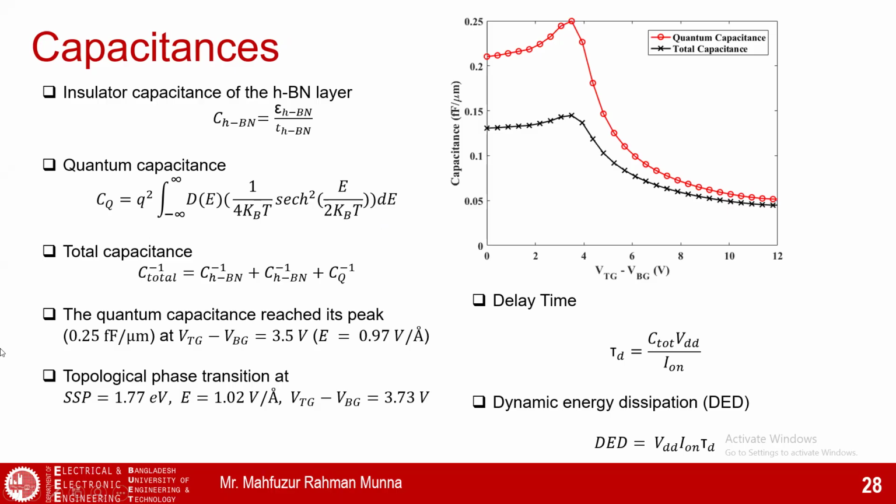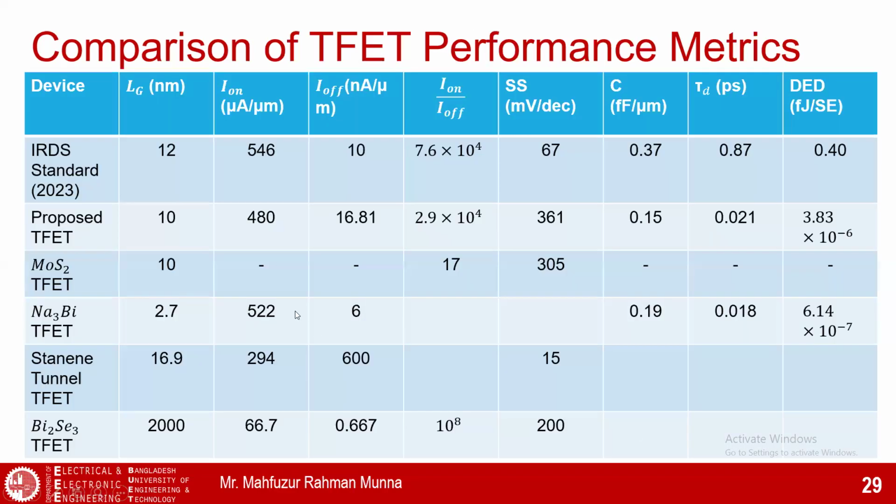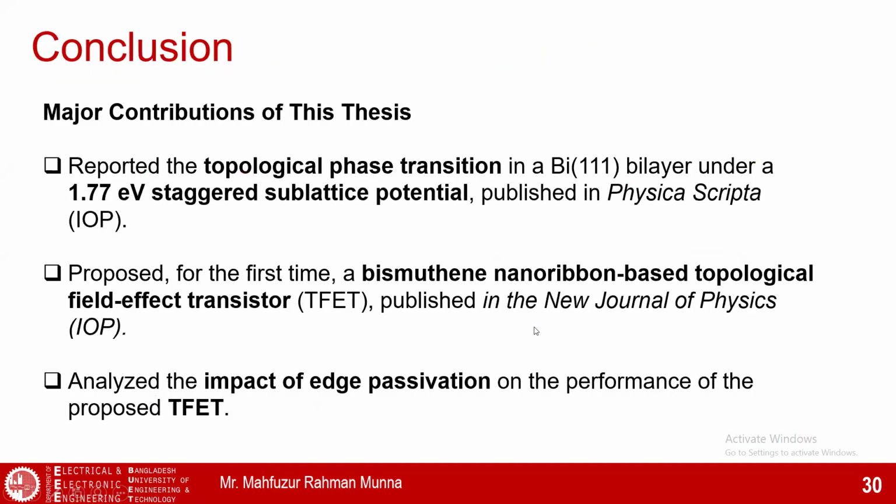This formula is related to the density of state, and I got this equation from the book of Professor Supriyo Datta, Atom to Transistor. So after calculating the total capacitance, I calculated the delay time and dynamic energy dissipation. And I have also compared my result with existing literature.